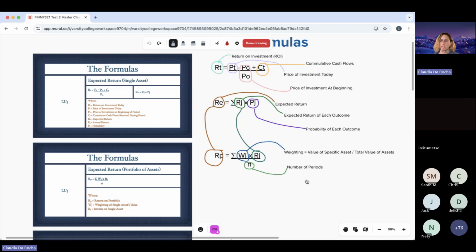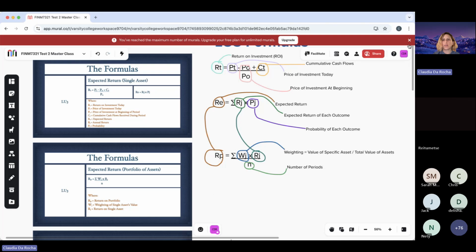I hope I've answered that, Mr. D. Then there's a question as to which the RE equals probability percentage times Rn. This is referring to your expected return when there are probabilities. I've just posted that. All right, perfect. Those are all the questions answered for now.